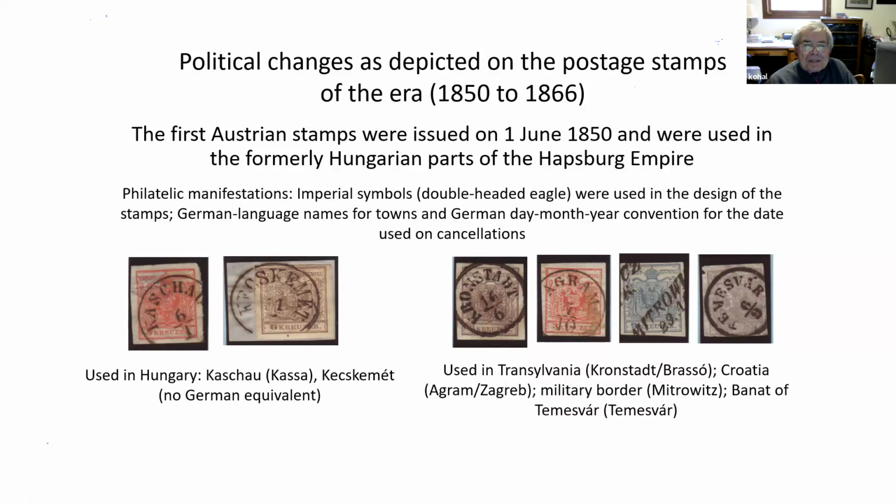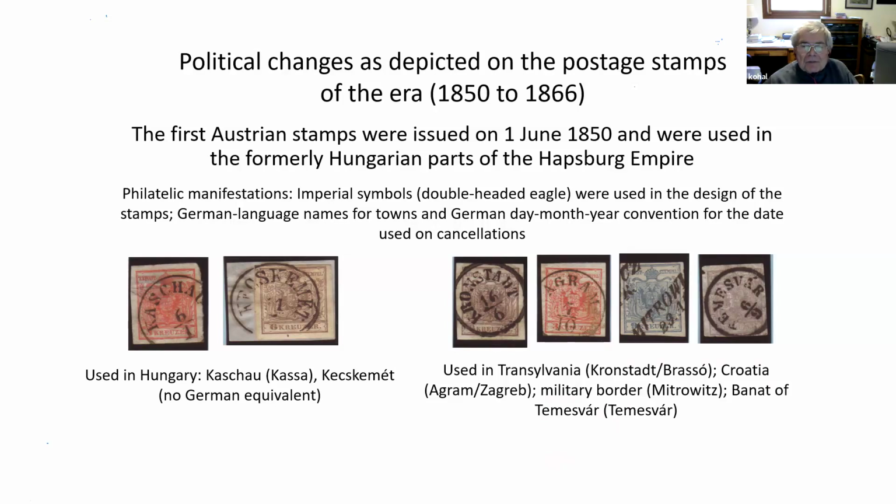But anyway, here's an example of a stamp used in Kronstadt, which is Brassó in Hungarian, or Agram, which is Zagreb in Croatia, and then Mitrovic was in the military border region, which was a special administrative region to insulate the empire from the Ottoman Empire, which still controlled the areas to the south in the Balkans.